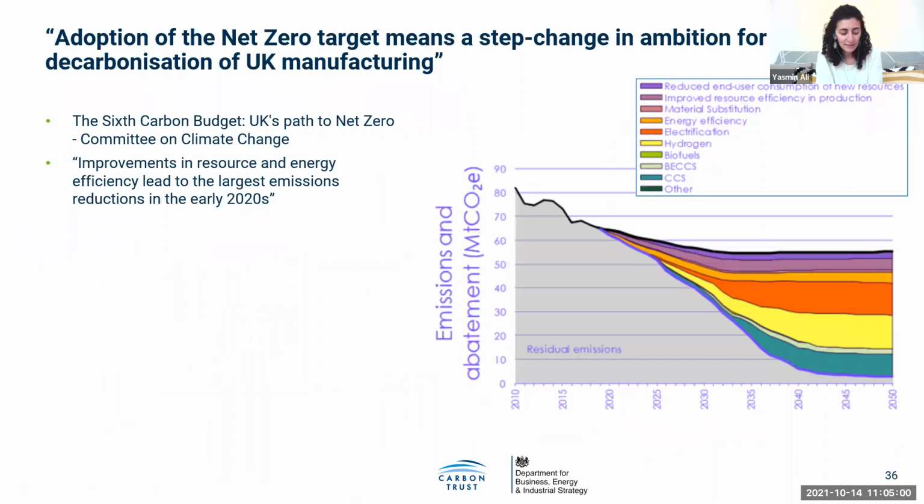We have made incremental progress so far, but we really need that big step change to get us to where we need to be. The sixth carbon budget, which is set for us by the Committee on Climate Change, highlighted the role of energy efficiency and resource efficiency, and the improvements that they can make.